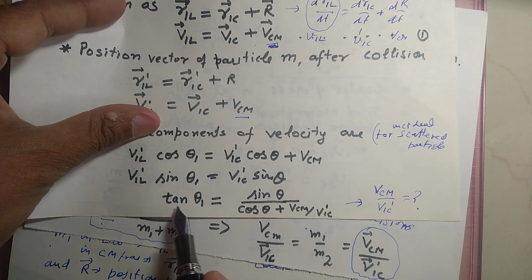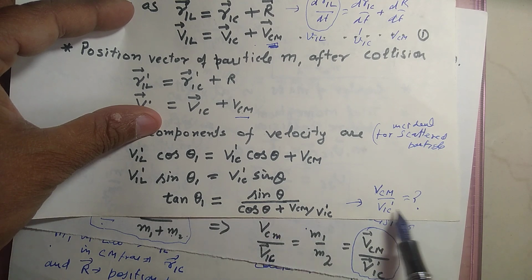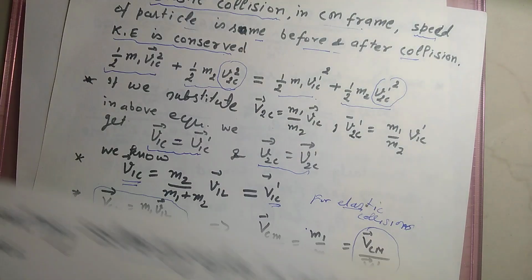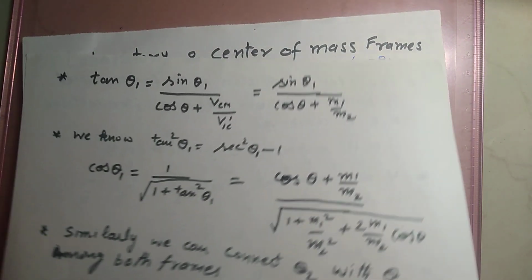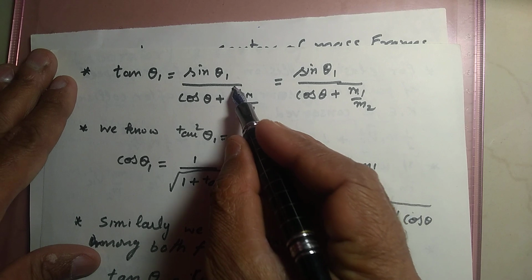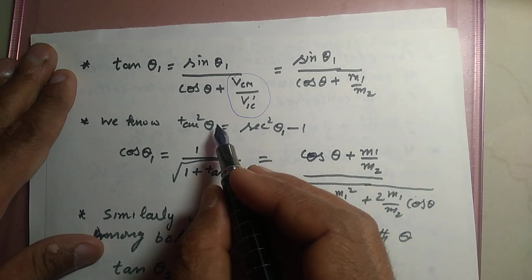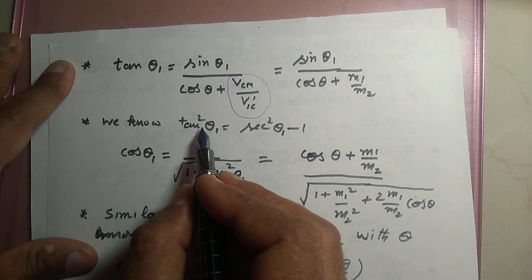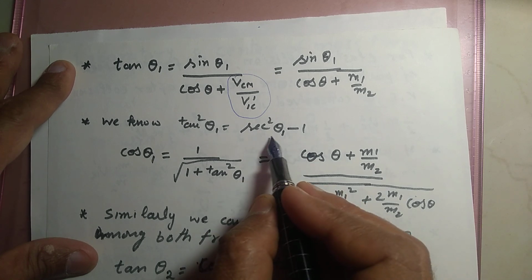So in the earlier expression, tan theta 1 is equal to sin theta divided by cos theta plus this quantity. We can replace this quantity with m1 divided by m2. I substitute here, and you know my trigonometric relation: tangent square theta is equal to secant square theta minus 1.